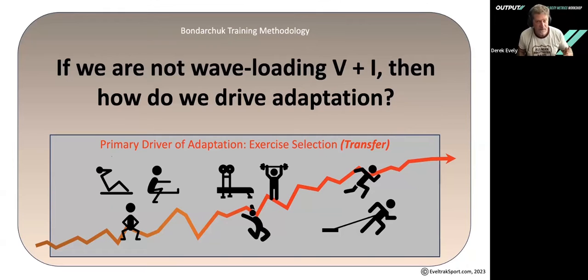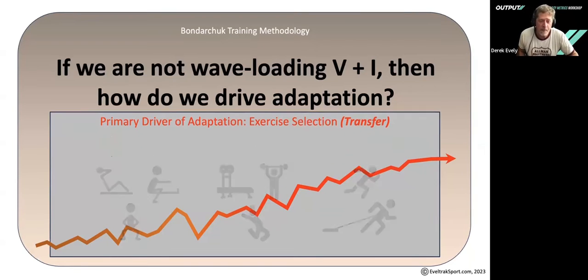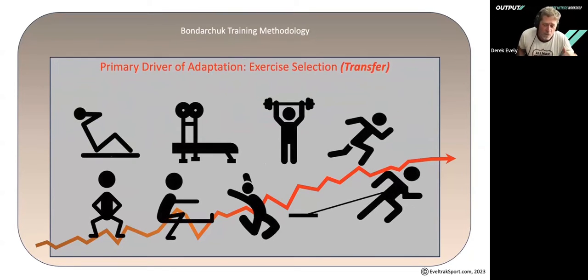So this is, in some regards, the simplest system you'll ever see once it's implemented, but there's a lot of nuance to it and a lot of hard thinking that goes on. When we look at these curves, the athlete starts in a cycle and you see the red curve here. We'll get into the actual curves in a moment, and I'll show you some examples. So how do we get that curve to go up?